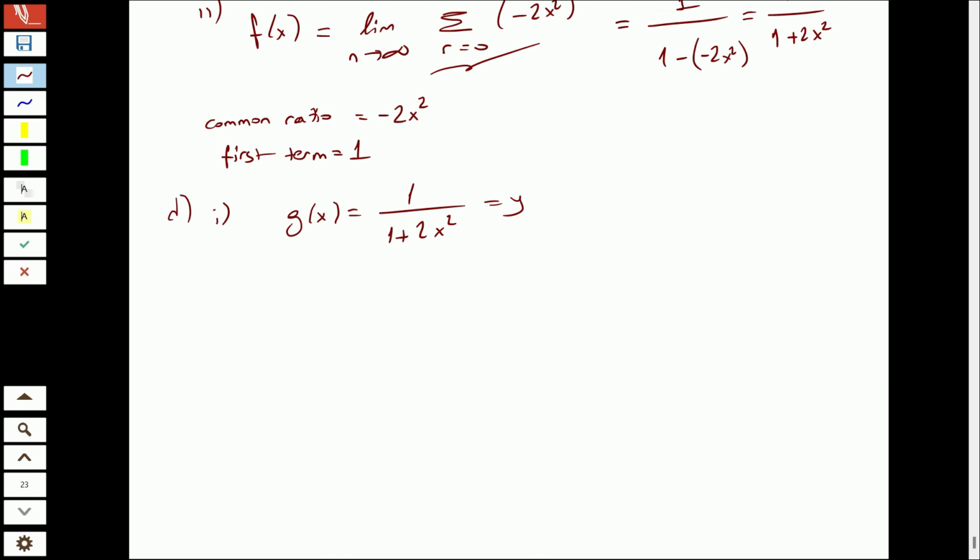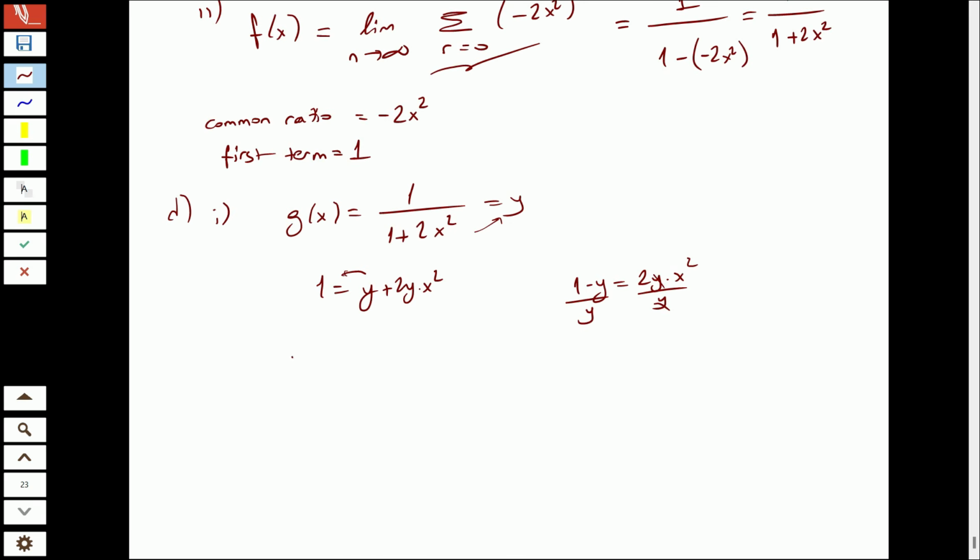If we set it equal to y, we're going to write the function in terms of y. So from here you can say 1 equals, I'm going to make a cross product, y plus 2y x squared, and I'm subtracting y from both sides, 1 minus y equals 2y x squared, and dividing by y on both sides.